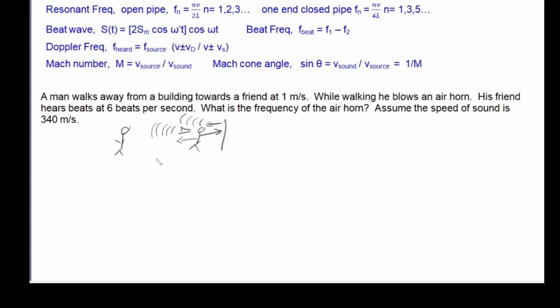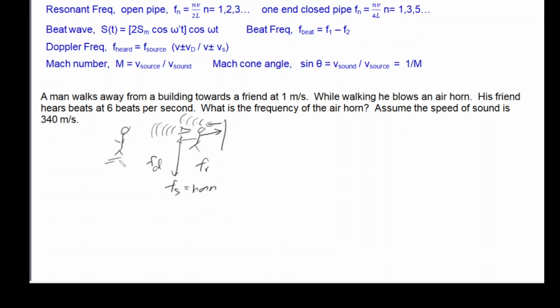We'll call that the frequency of the direct wave and the frequency of the reflected wave. So we're given the beat frequency, which is the difference in these waves, and the Doppler shifts depend upon the original frequency of the horn, and we'll call that f.